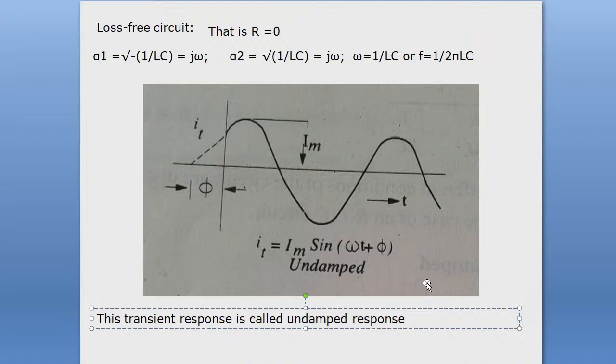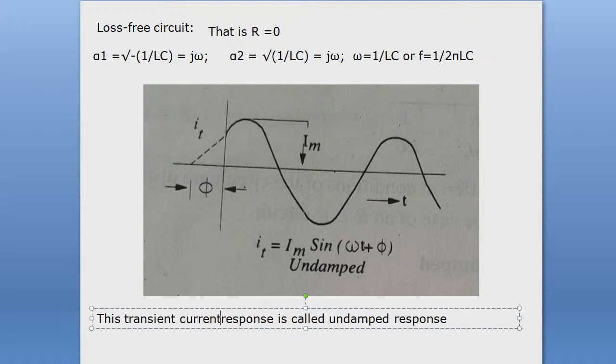Okay, so you know this thing. You know that i_C(t) equal to C d/dt of VC(t). If you simplify this equation, you will get the response like this. This is the transient current response.